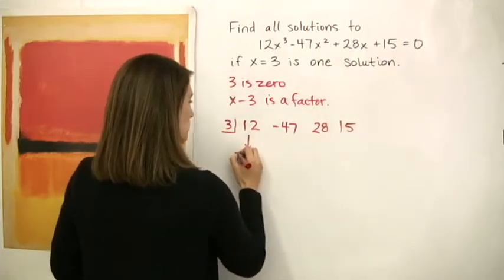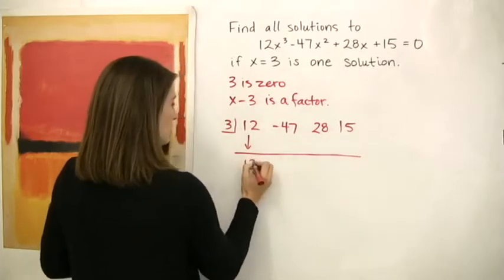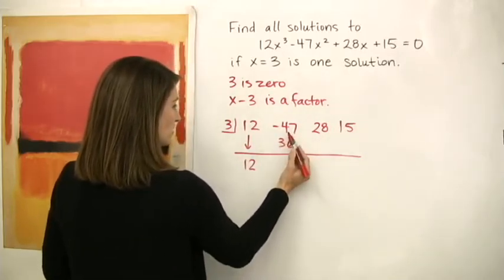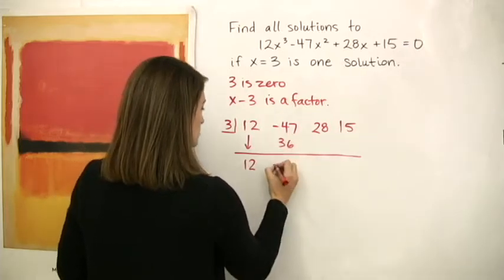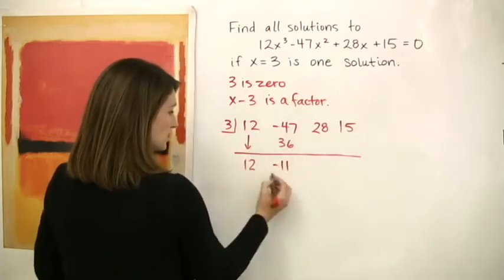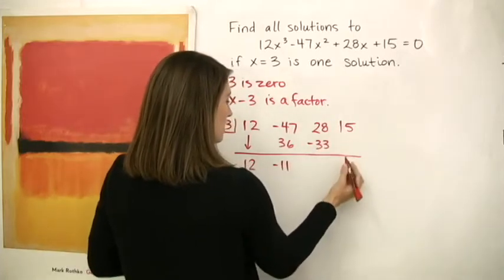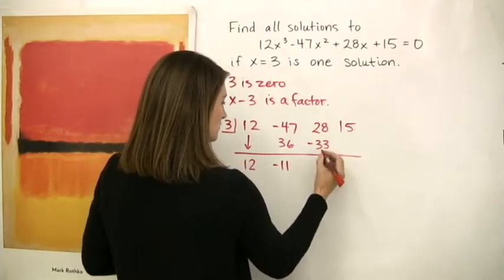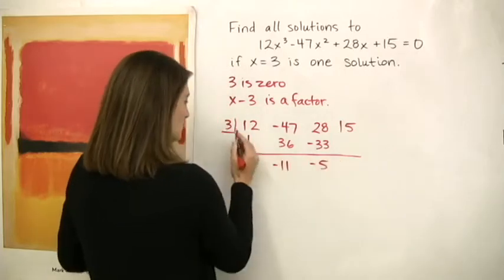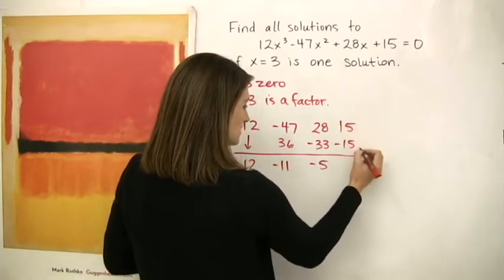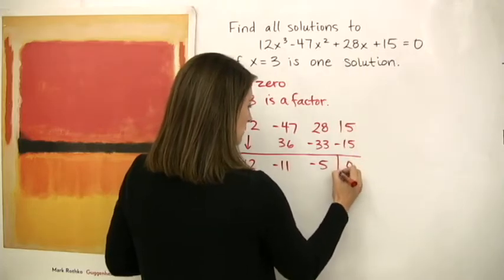We're going to bring down 12 here, then 3 times 12 is 36. We add negative 47 plus 36, which is negative 11. Then 3 times negative 11, which is negative 33. 28 plus negative 33 is negative 5. Then 3 times negative 5 is negative 15. 15 plus negative 15 is 0.